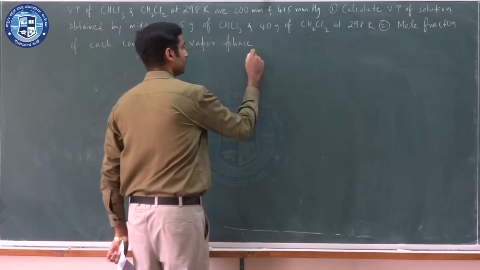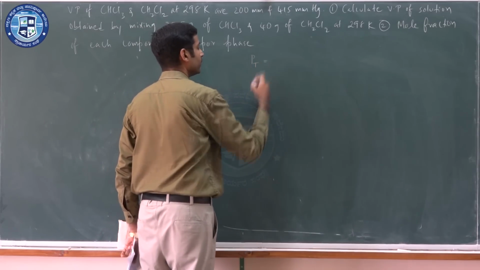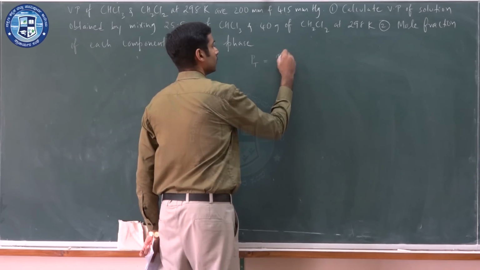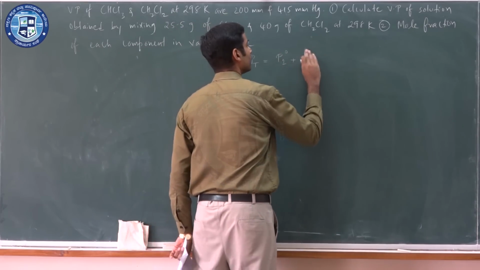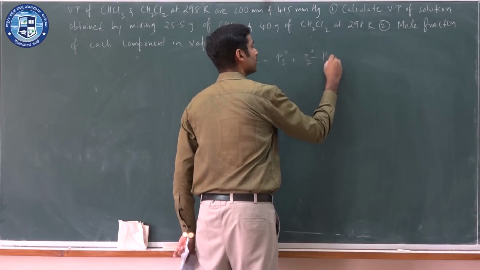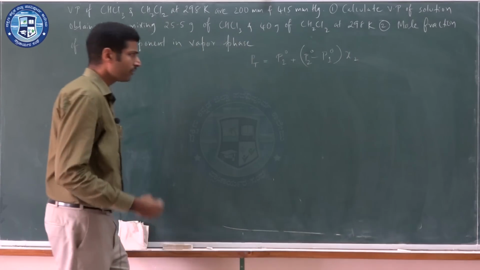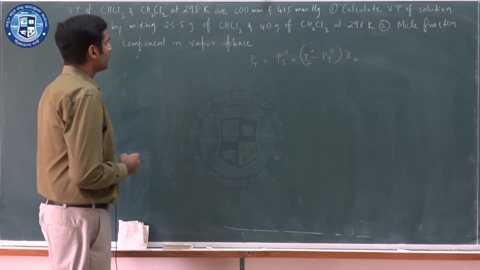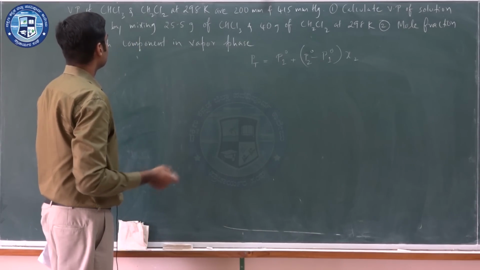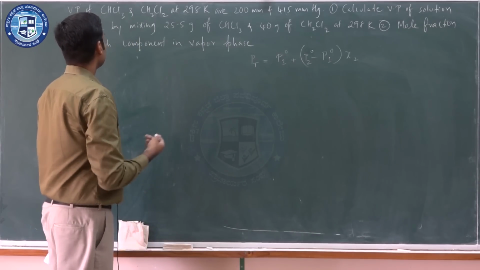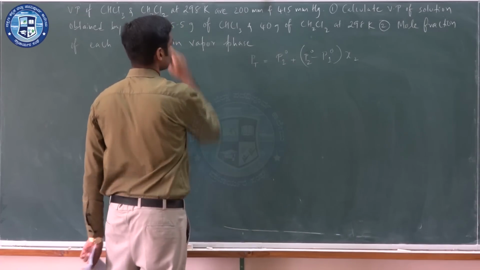Now, how to find out the total vapor pressure? On the basis of Raoult's law, we have arrived at P total as P10 plus (P20 minus P10) into X2. Now, let me modify this equation to suit this particular problem. Let me assume, say, 1 as chloroform and 2 as dichloromethane.